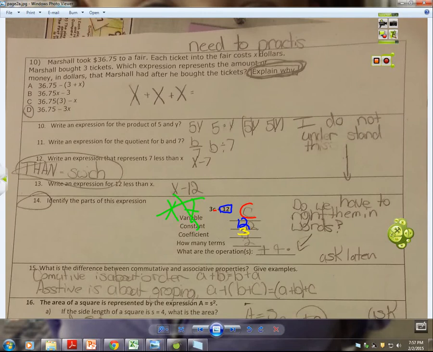So there are 2 terms, which are 3 and 12. So that's 2. What are the operations? There's addition and multiplication, because right here you have the addition, and then right here, since there's no space, it's multiplication.